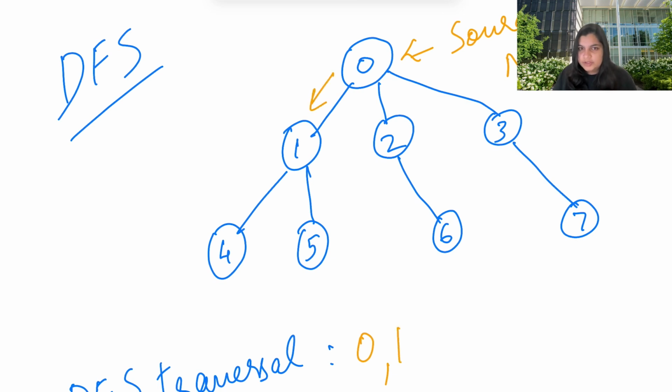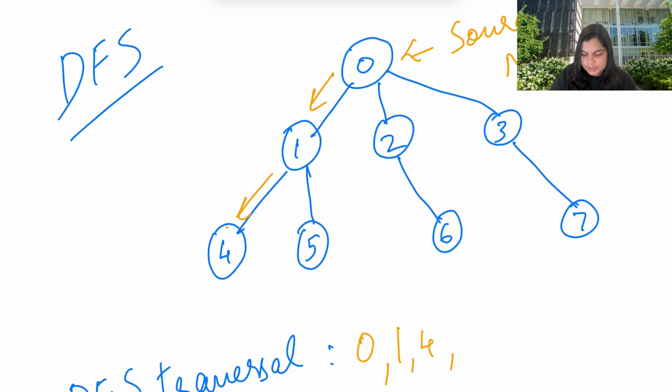Now, after 1, this is DFS, so we have to go in depth first. So instead of looking at the neighbor, I'm first going to see if there is something that I can go in for depth or not. And I see that there is an adjacent node which is unvisited that I want to visit. So I go here and I select 4. So the next visited is 4.